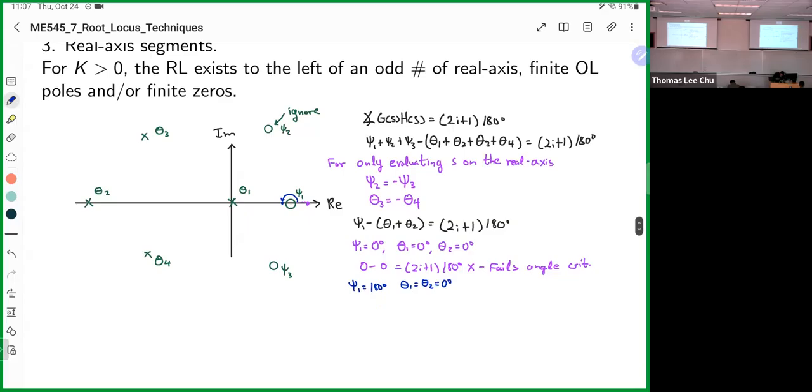Now, we plug this into our angle criteria. We get 180 degrees minus 0 is equal to 2i plus 1 multiplied by 180 degrees. This is true for i equal to 1. So therefore, the root locus exists along this whole line. I'm going to draw it in red.